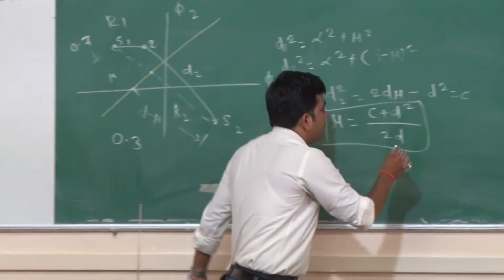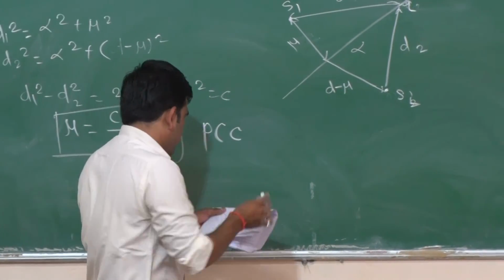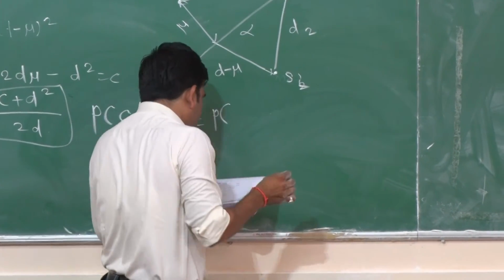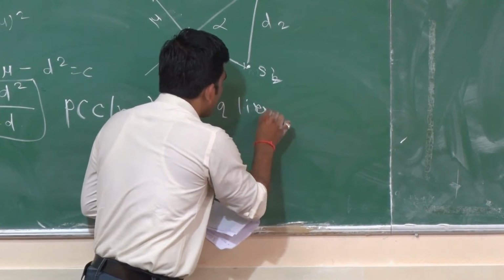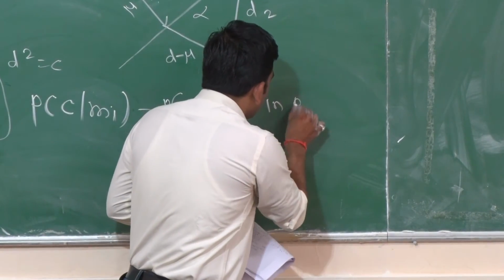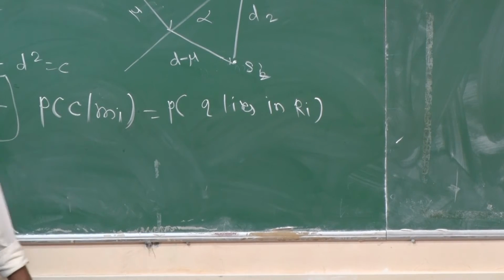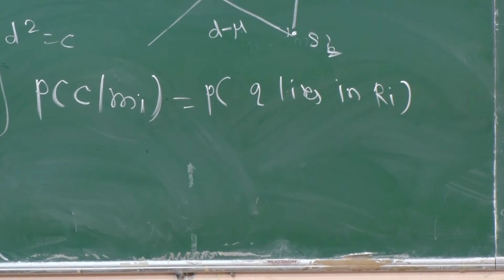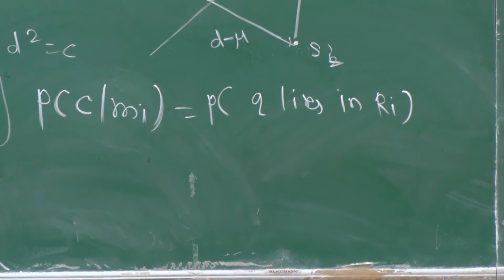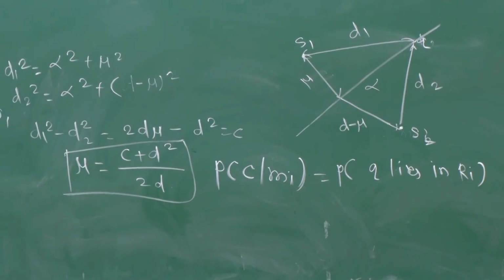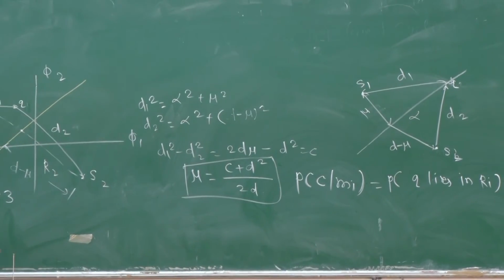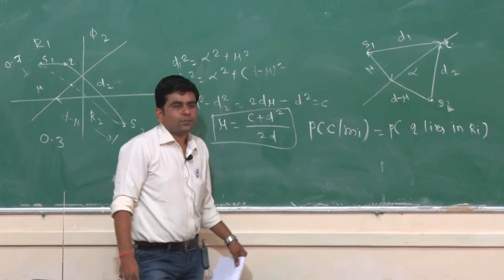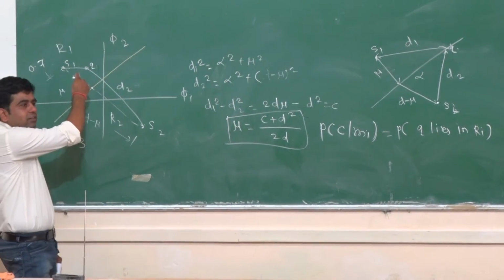So probability of correct decision when Mi is transmitted is equal to probability of Q lies in the region Ri. Here we can see that M1 is transmitted.